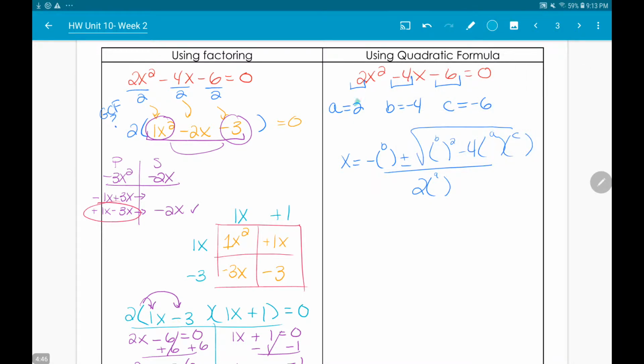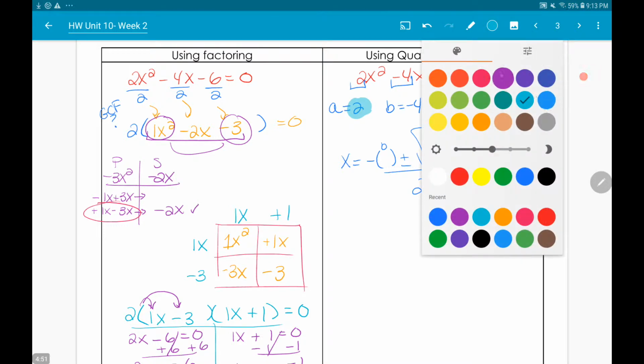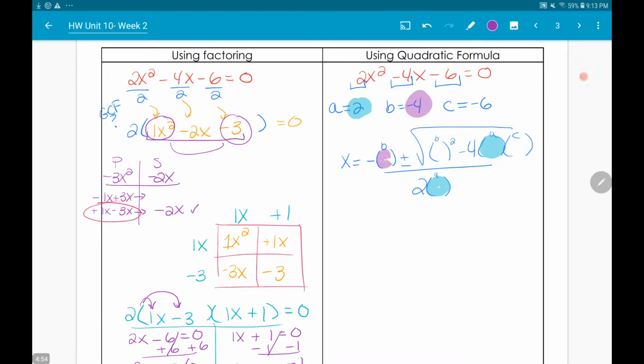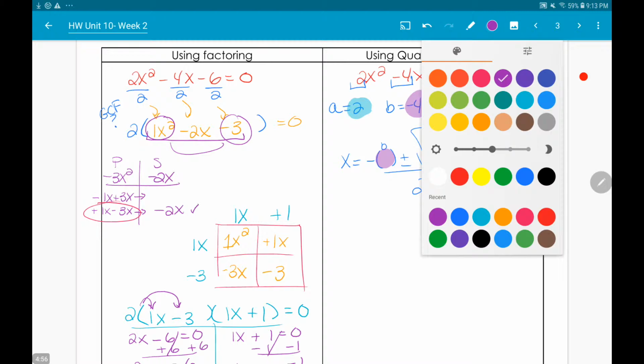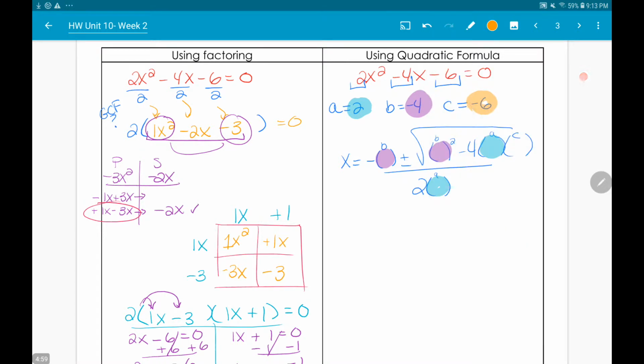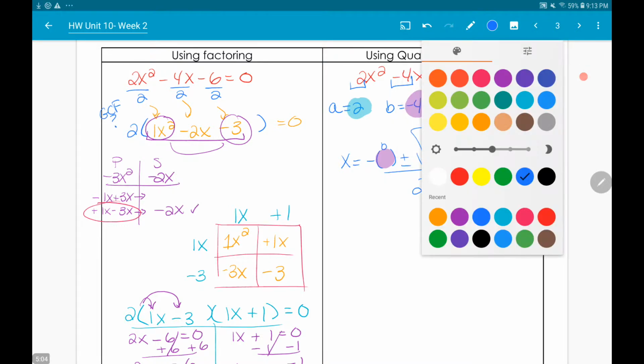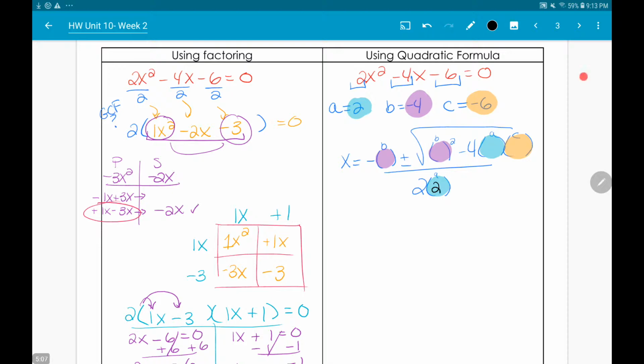All right, here we go. A, B, C. Make sure to include those negatives. All right. So I'm first going to rewrite everything except my square root.